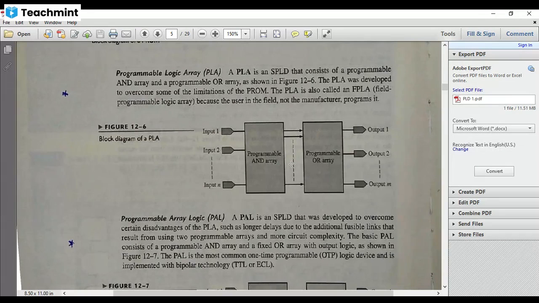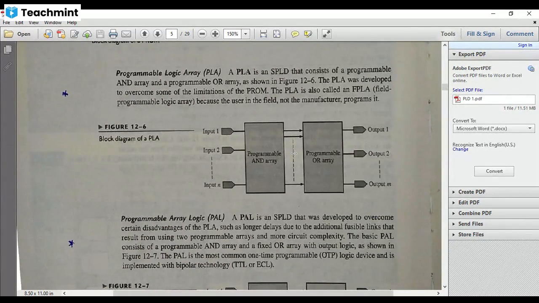Because the programming is done by the user, in the field. That's why it is called a field programmable logic array. The manufacturer gives this chip blank. The manufacturer has no chance for programming.